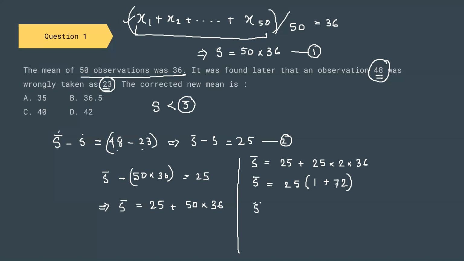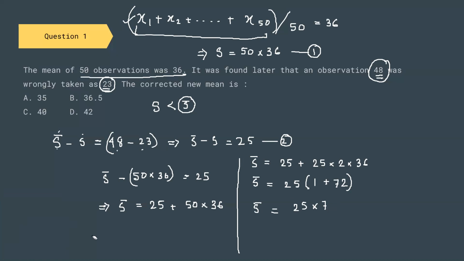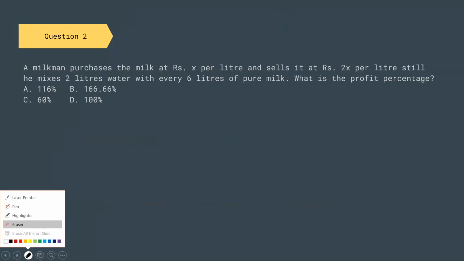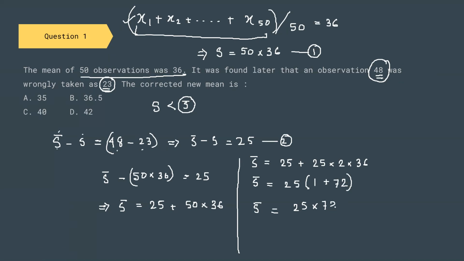So what we will have is equal to 25 into 73. So this is the sum of the 50 observations, that is the new sum.